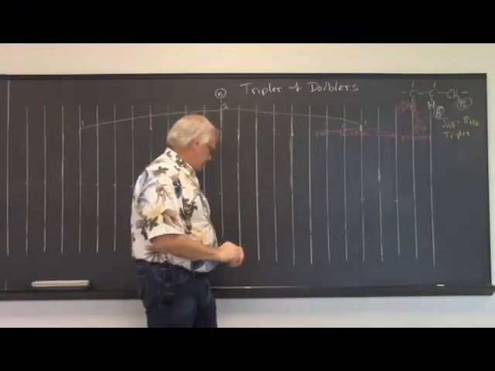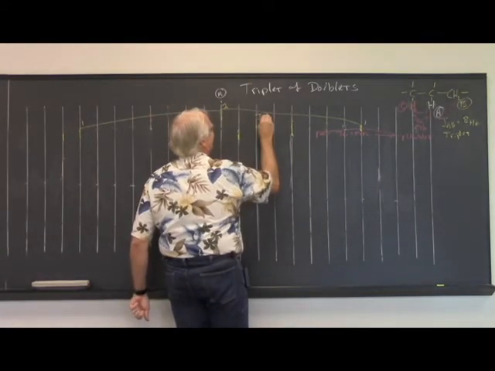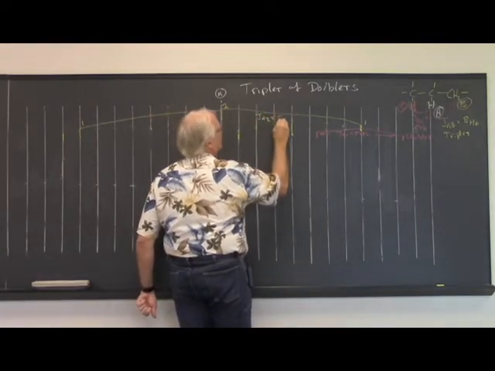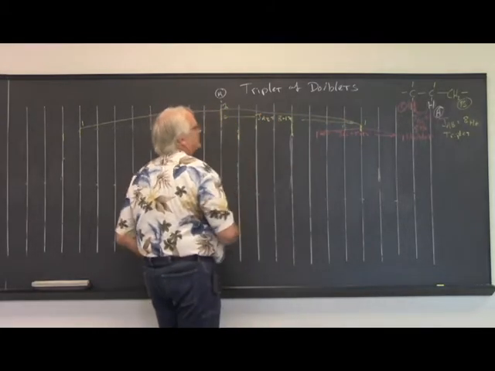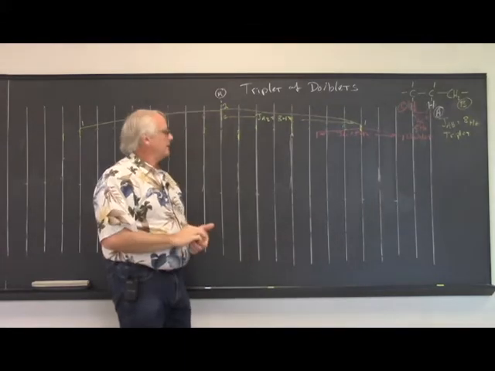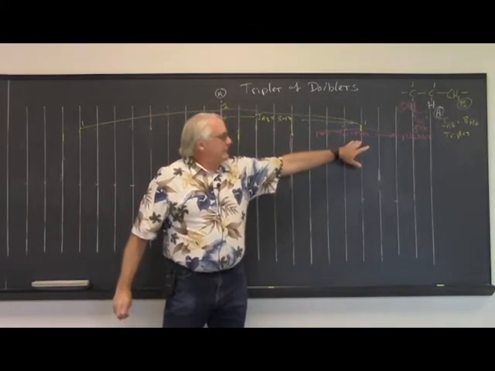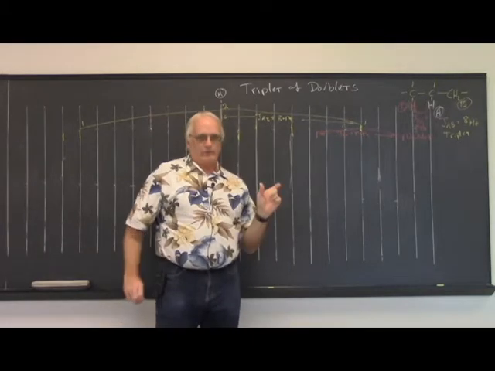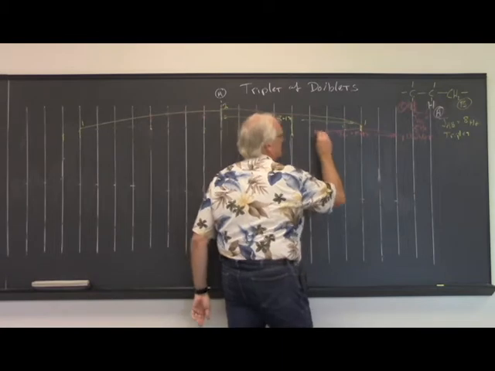doublet. Didn't even mark this one, probably should have. This is, of course, the JAB equals 8 Hertz triplet. Okay, so this is this branch of the triplet. The triplet divides into a 1-to-1 peak ratio, 1 here, so 1, 1.